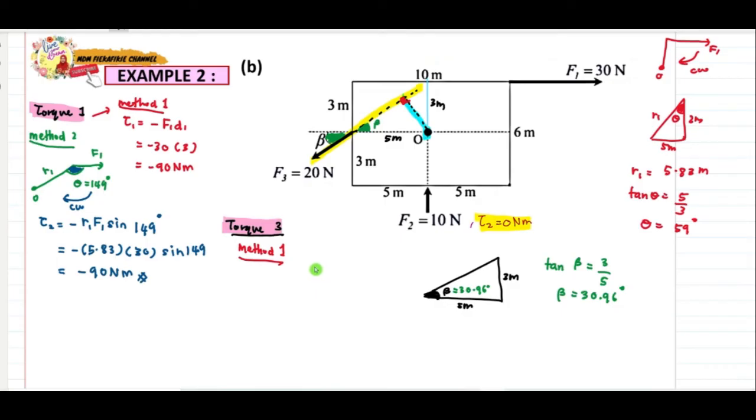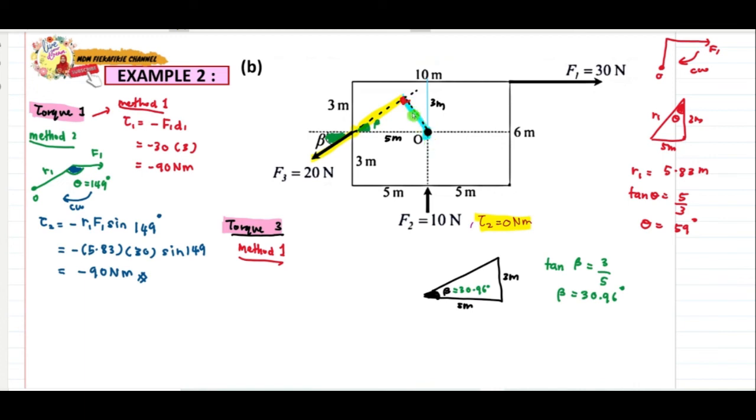Alright, now we will proceed to calculate torque 3. So torque 3 is based on this triangle. Yang warna kuning, the line of the forces, the yellow color here. So this is the line of the forces, and the blue line, this is the distance from the pivot point to the line of force F3.